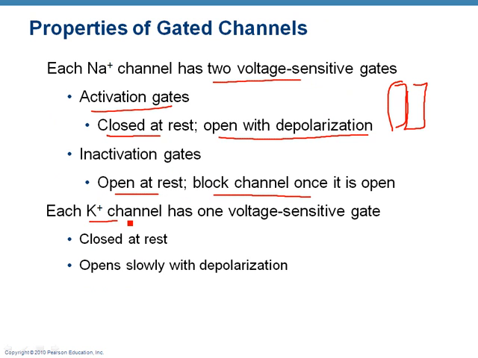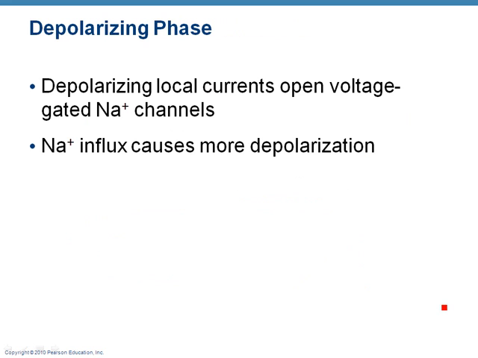Potassium channels only have one gate. They're closed at rest, and they will open slowly upon depolarization. So when you get to the top of depolarization, they're all open, and you quickly get repolarization. Depolarization occurs by opening the voltage-gated sodium channels, causing sodium to flow in.